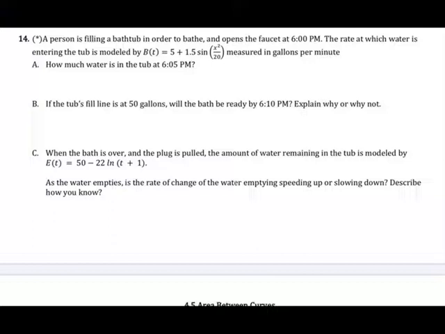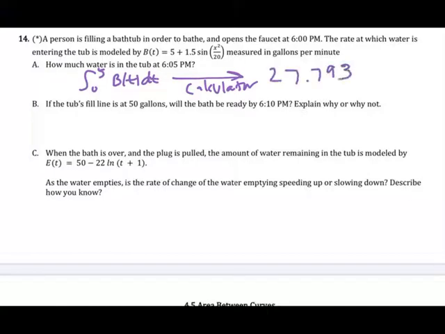So question A asks how much water is in the tub at 6:05. That means we're going to take the integral from 0 to 5 of B of t, and you're going to do that on a calculator. That's going to give you 27.793 gallons of water.